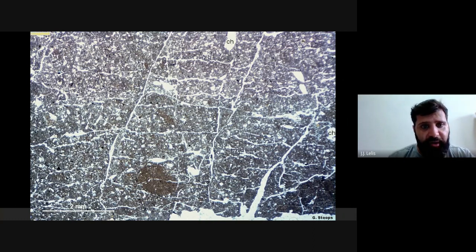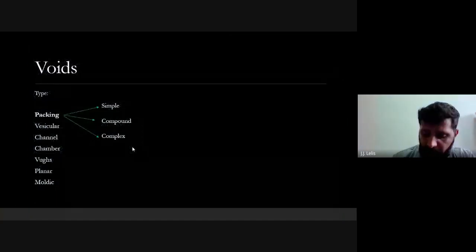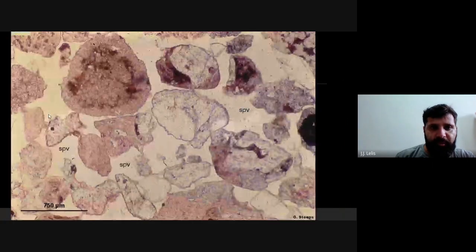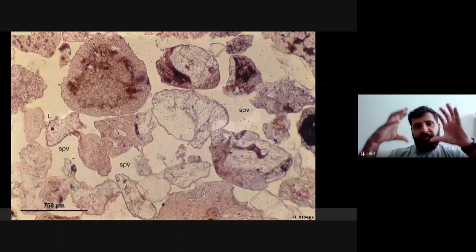This is a specific kind of void that's not related to biological activity, so it expresses only a chemical and physical process of expansion and contraction of the clays. And we can also find packing voids, and the packing voids could be called simple, compound, and complex voids. The packing voids are those voids that are composed only by the packing of materials.